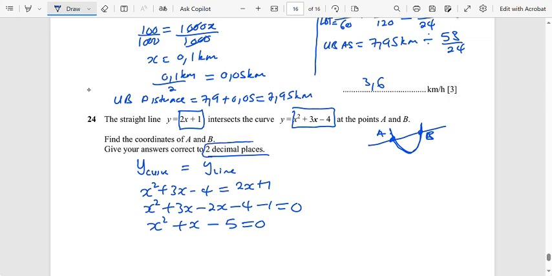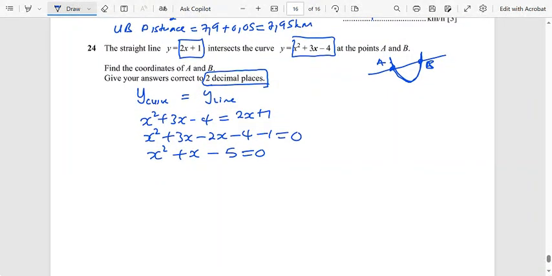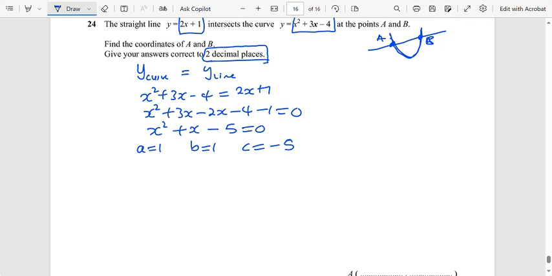So here they want me to give the answer in two decimal places. So usually this question is not solved by factorization. So we have to apply the quadratic formula. So if you can't memorize the quadratic formula, you have to rely on the formula sheet where it is given.